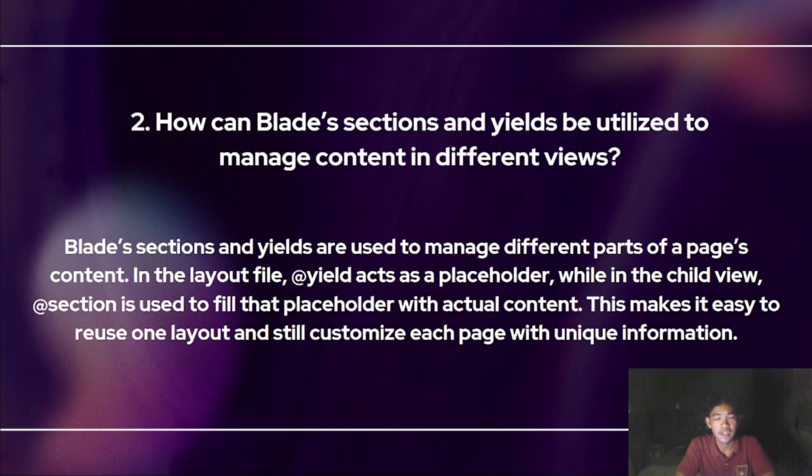In the layout file, @yield acts as a placeholder, while in the child view, @section is used to fill that placeholder with actual content. This makes it easy to reuse one layout and still customize each page with unique information.